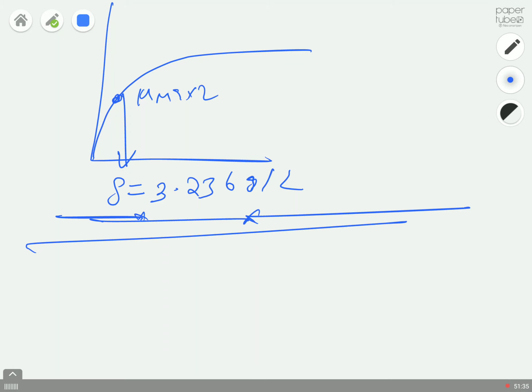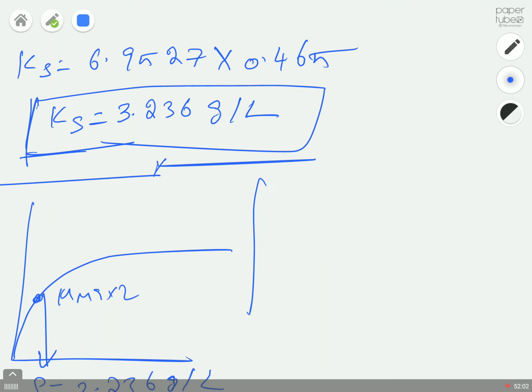So if I ask what your substrate concentration is when your specific growth rate is going to reach 1/4 of the maximum specific growth rate, so I can, why not, yeah?